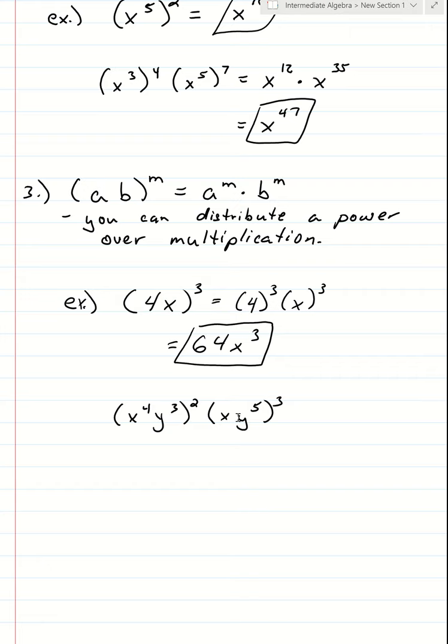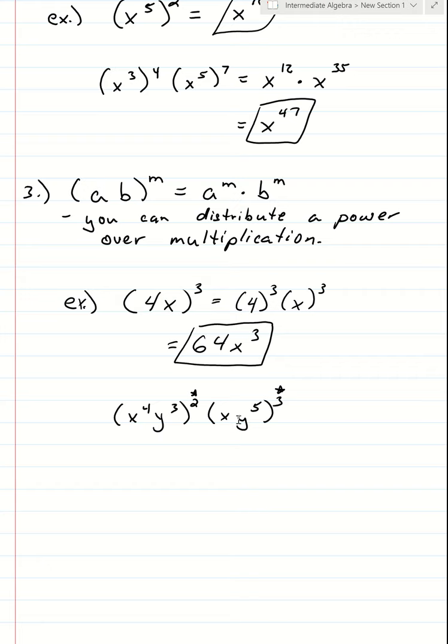I look inside my second parenthesis, and there's nothing that can be done. Next, after parentheses, comes, of course, the exponents. Well, I have this exponent of 2, and I have this exponent of 3. And according to the third law of exponents, I can distribute those exponents over the multiplication inside these parentheses.